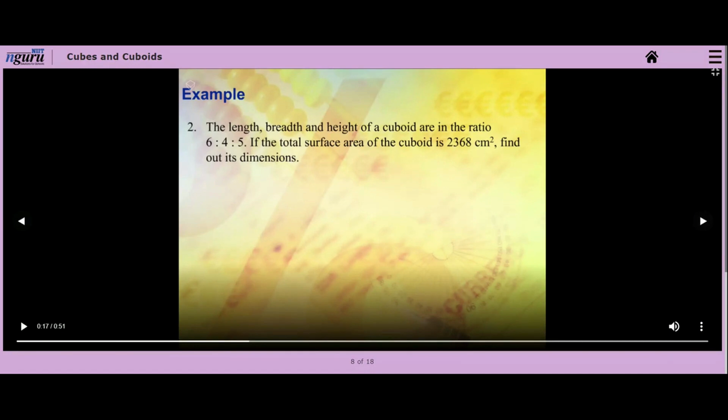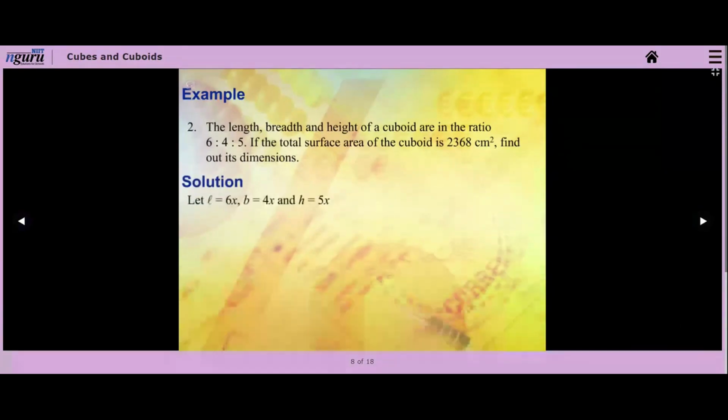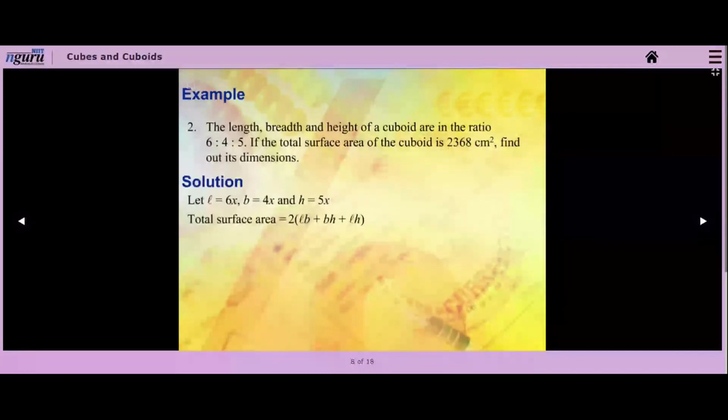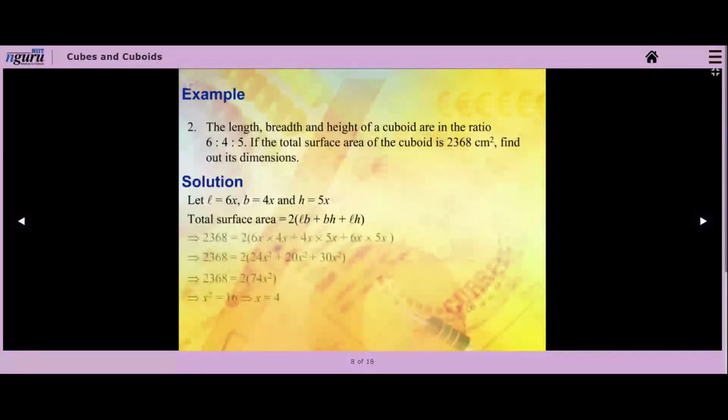I am still doing. So, let the length be 6x, the breadth be 4x, and the height be 5x. We know that the total surface area of a cuboid is twice the sum of LB, BH, and LH.